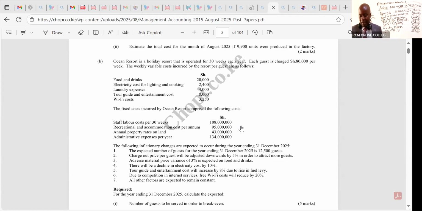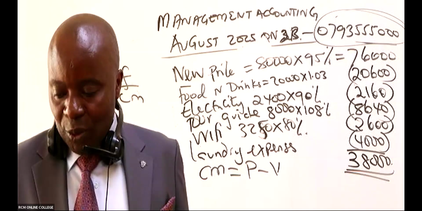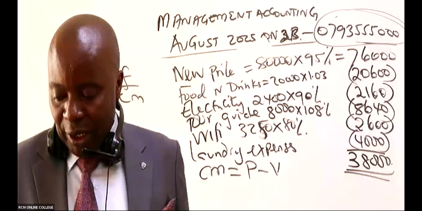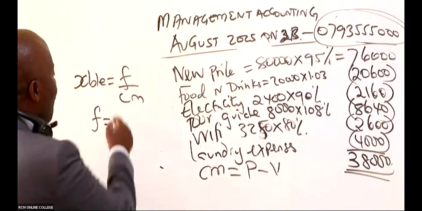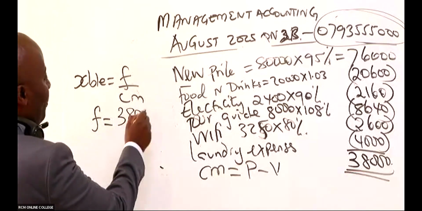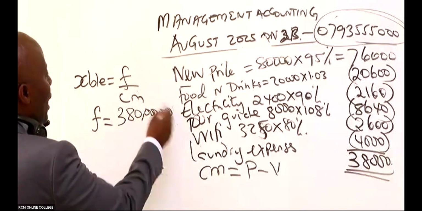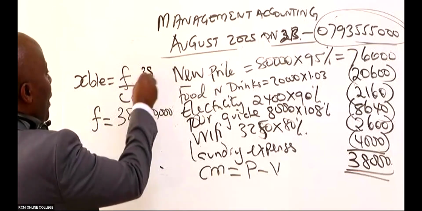Give me a figure. 108 plus 95 plus 43 plus 134. What are we able to get? A good ninja, Olango Francis, has given me a fixed cost total of 380 million. So fixed cost here is 380 million.